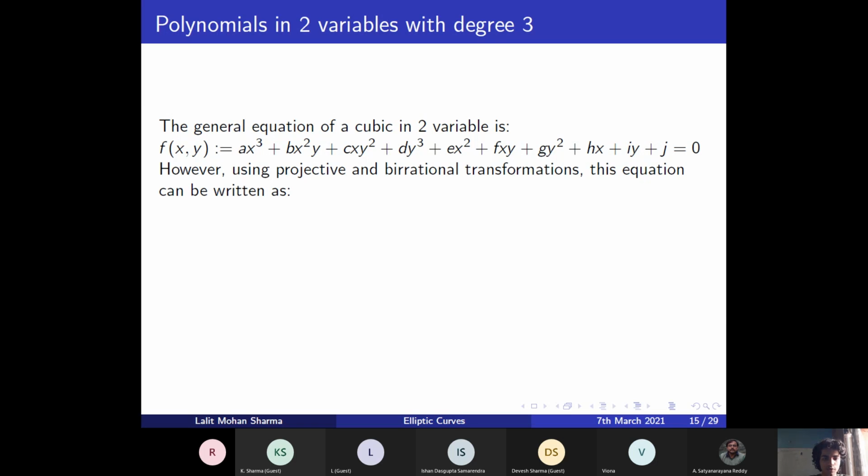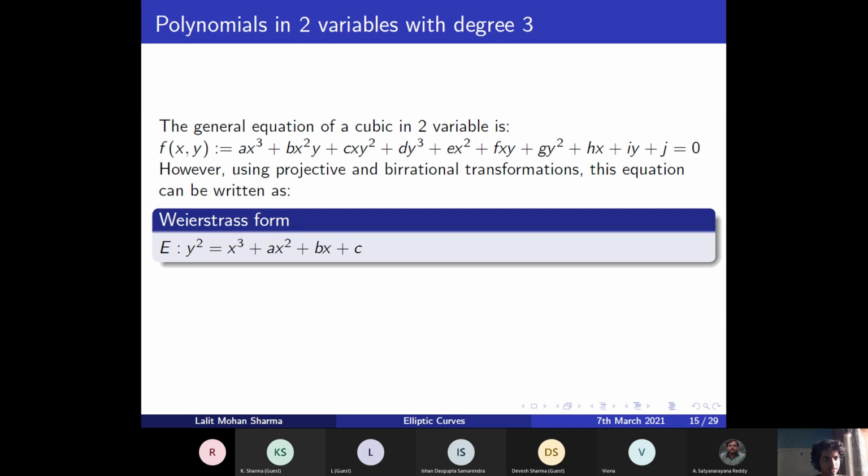So the problem of finding the rational solutions of this really humongous cubic reduces to finding the rational solutions of this much smaller equation, and this is called the Weierstrass form of the cubic. So using some transformations, you can convert the whole thing to this.